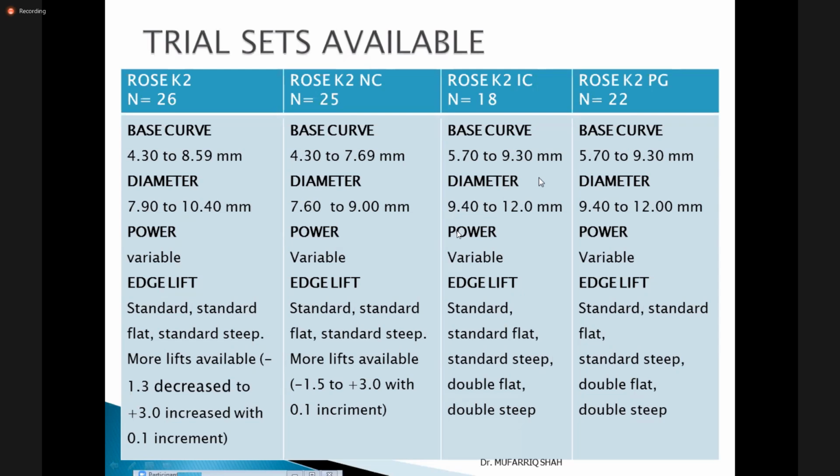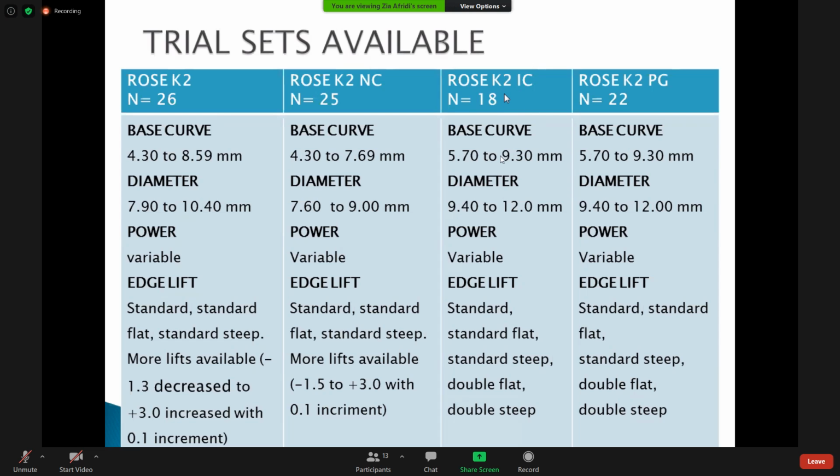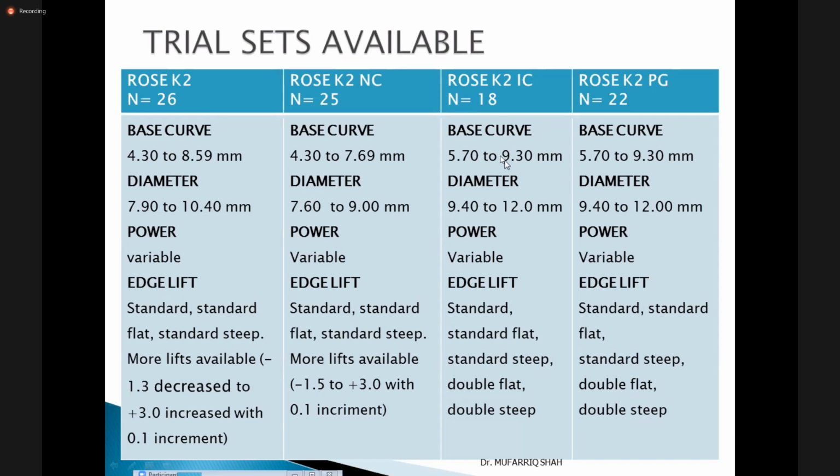For Rose K2 IC lenses, the number of lenses in the kit is 18, and the base curve ranges from 5.7 to 9.3 millimeter. Since for irregular cornea mostly the periphery is also irregular, that is why here the diameter is greater to cover the periphery as well.